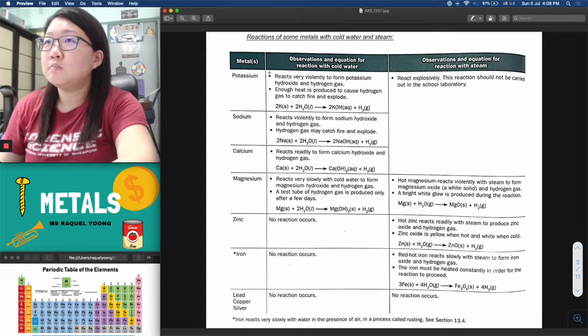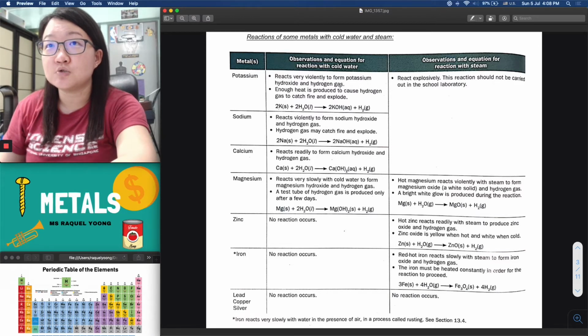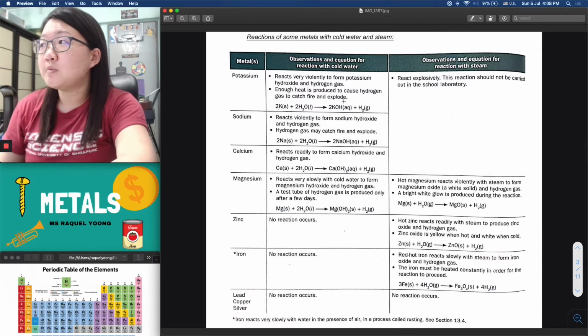when we place a tiny piece of potassium metal in cold water, so again, cold water, just water from the tap, it is already able to react very violently to form potassium hydroxide as well as hydrogen gas. So enough heat is actually produced to cause the hydrogen gas to catch fire and explode, right? One of the properties of hydrogen gas is that it's very flammable.